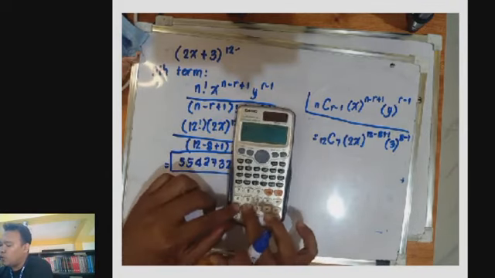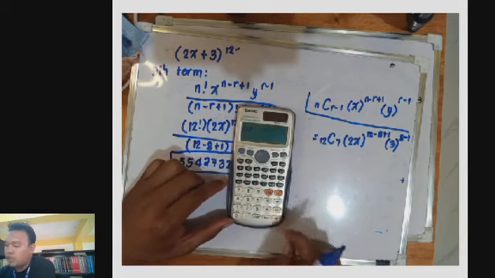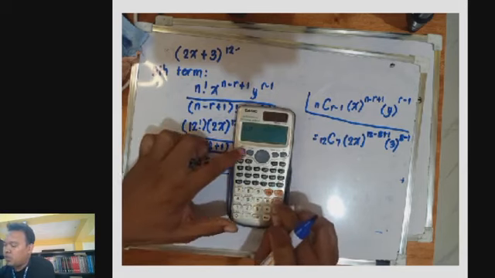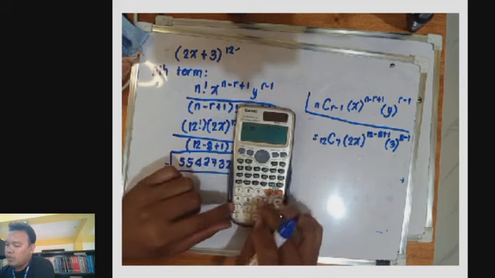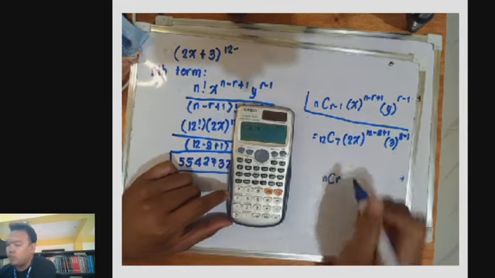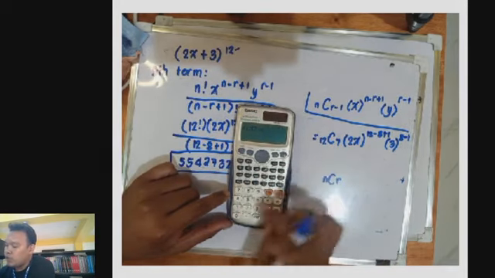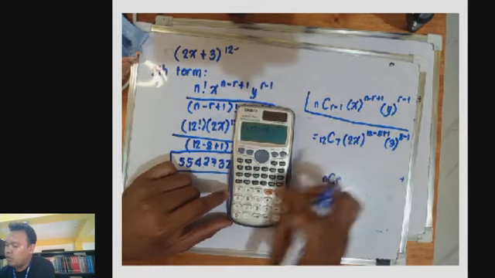We have 12, parenthesis muna tayo, 12. Tapos yung C, yung nandito po yun, shift C times 7. Diba nakita nyo sa calculator yung may NCR? Yun po yun, yung C. Okay? Times yung 2x, 2. Tapos lagyan mo lang yun.